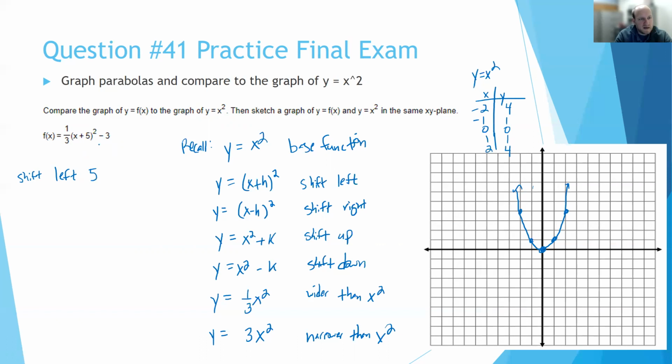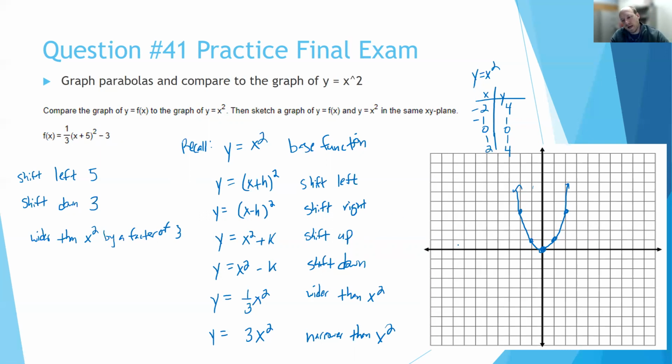The -3 out here means that the values are going to shift down by 3. And then the 1/3 means that this graph is going to be wider than x squared by a factor of 3.